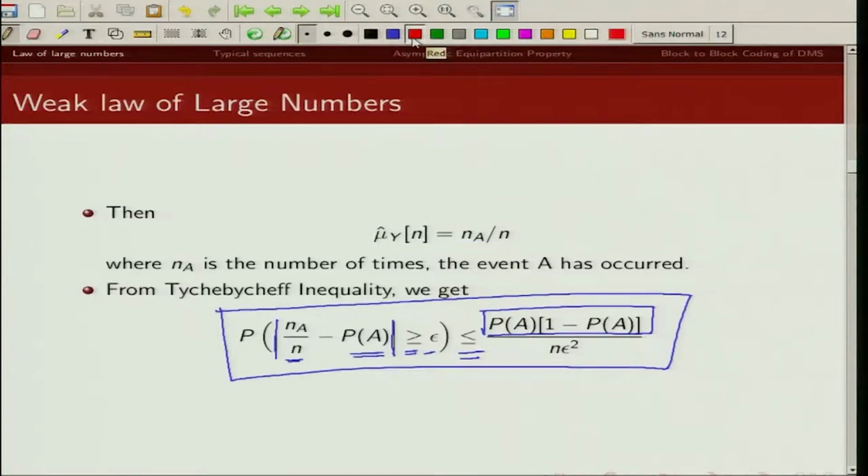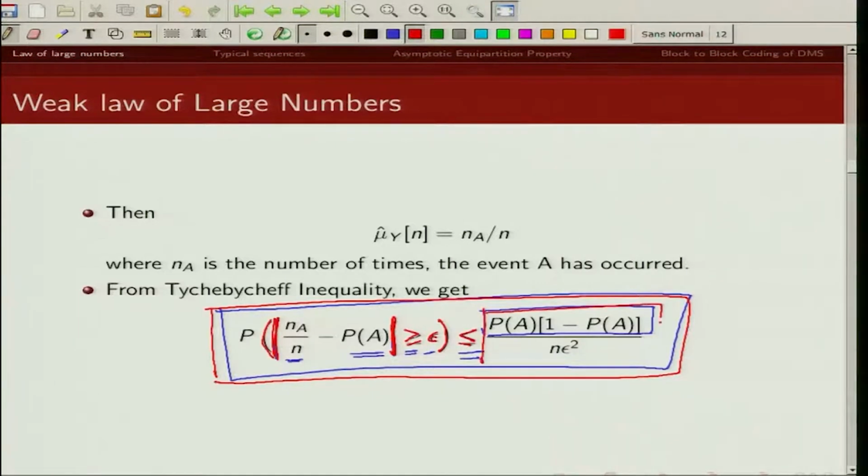Now this result we are going to use later on to prove some properties of a typical sequence, and we will define what a typical sequence is. So just remember this expression: the probability that the absolute difference between Na by n and the probability of this event A is greater than or equal to epsilon is upper bounded by this quantity.